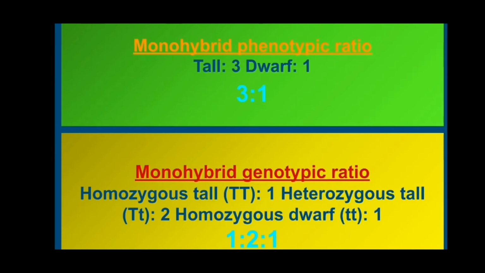Capital T 1 is to capital T small t 2 is to small t 1. That is 1 is to 2 is to 1 is the monohybrid genotypic ratio. Monohybrid phenotypic ratio is 3 is to 1.